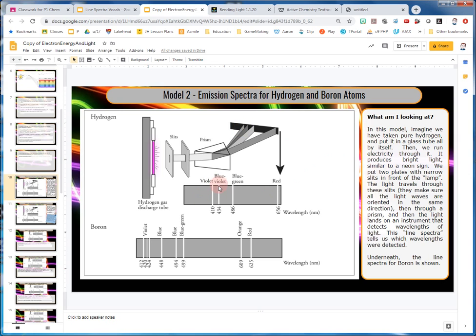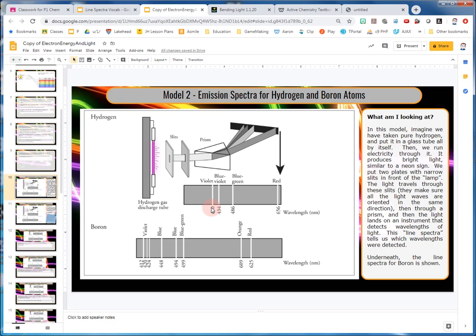Now, is there any light at 415 nanometers coming out of this tube? Well, not according to this. According to this, there's no light here. There's no in-between light happening here. And there's no in-between light happening here. There's no in-between light getting picked up over here, or any light getting picked up over here.